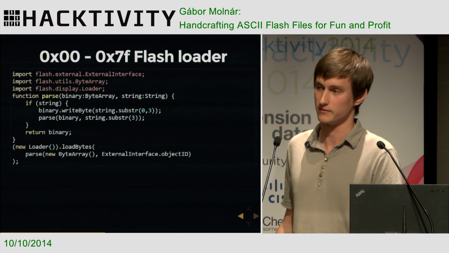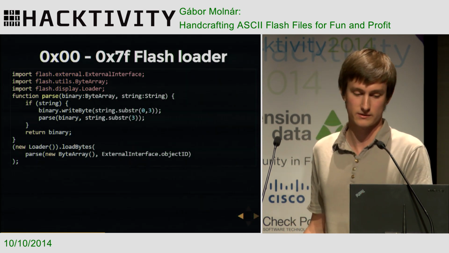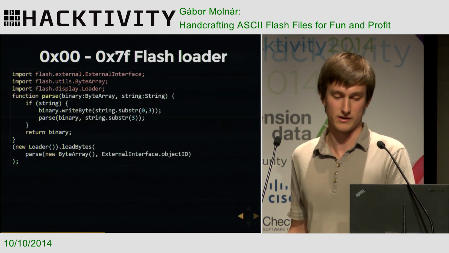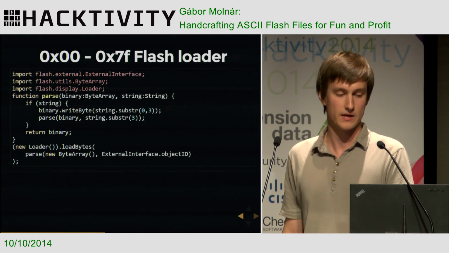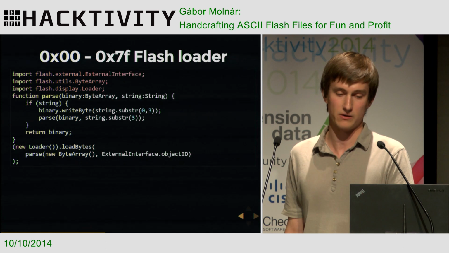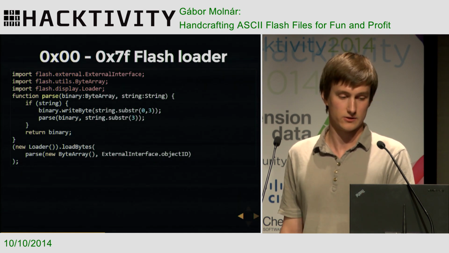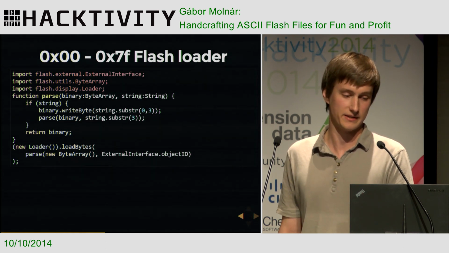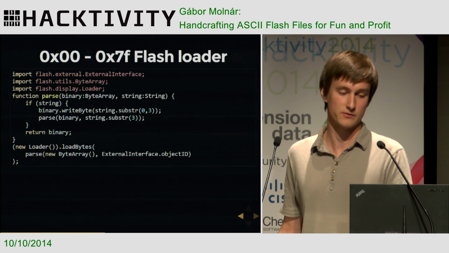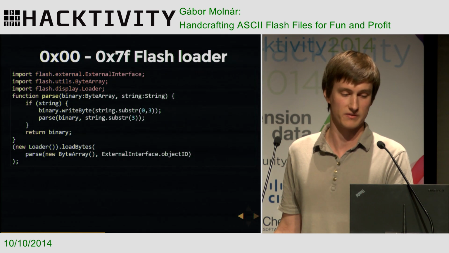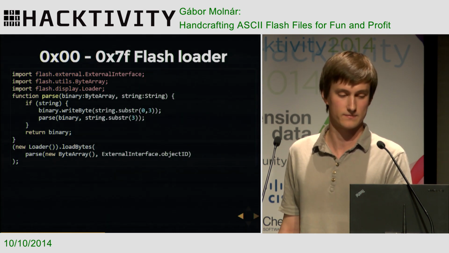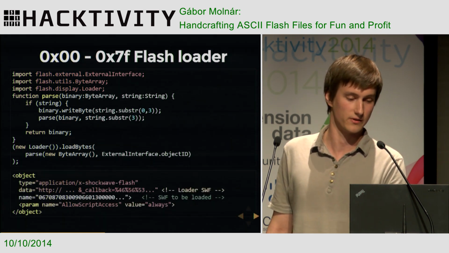It actually reads this external interface with an object ID parameter, which is actually the name property of the HTML object tag, then parses it by 3 bytes, by byte triplets, and puts them in the buffer. First of all, it converts each byte triplet to an integer, then loads it in a buffer, and it then loads the buffer as a Flash file.